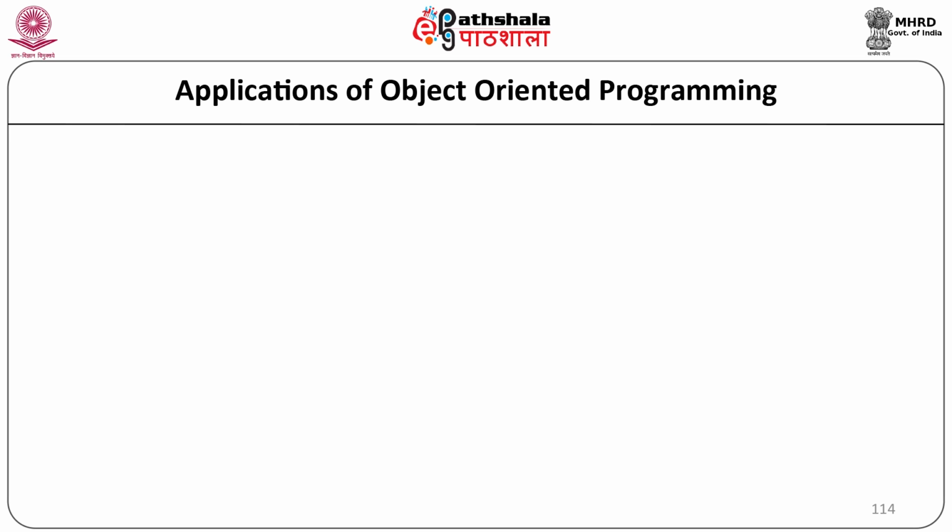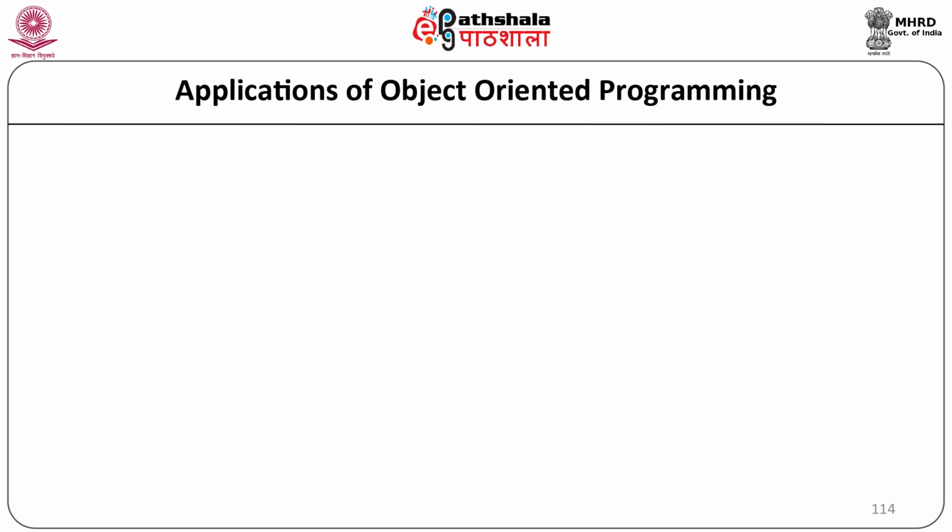Object-oriented programming is beginning to gain importance in many areas. The most popular application of object-oriented programming has been in the area of user interface design, such as Windows. Object-oriented programming is useful in these types of applications because it can simplify a complex problem.